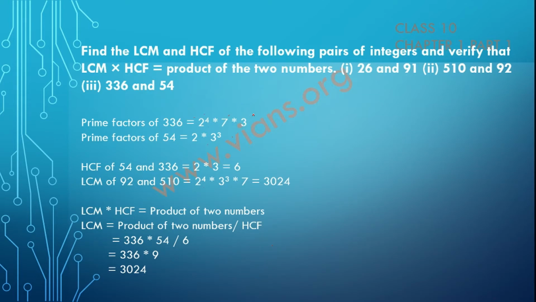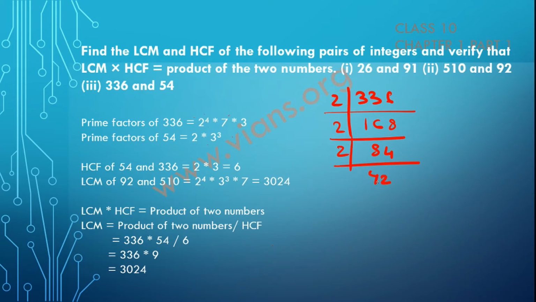Now, 336 ends in 6, divisible by 2, ends in 8, divisible by 2, ends in 4, divisible by 2, ends in 2, divisible by 2, and divisible by 3, and then divisible by 7.